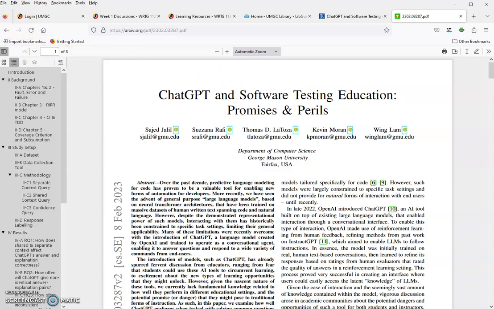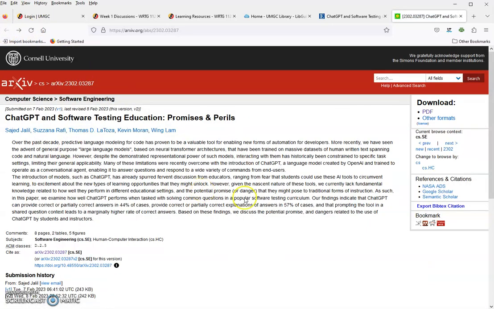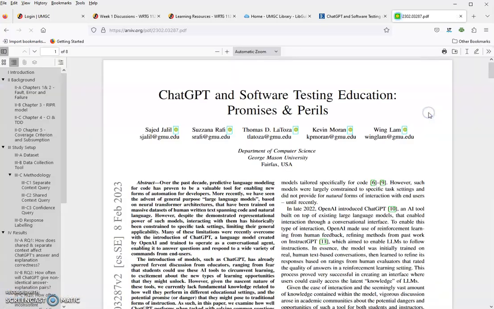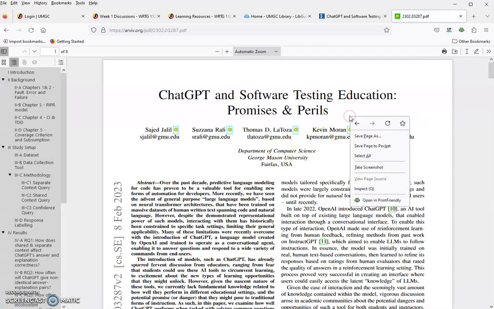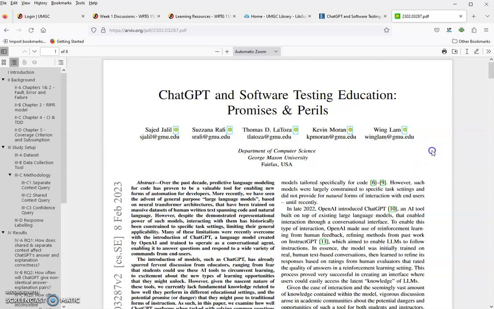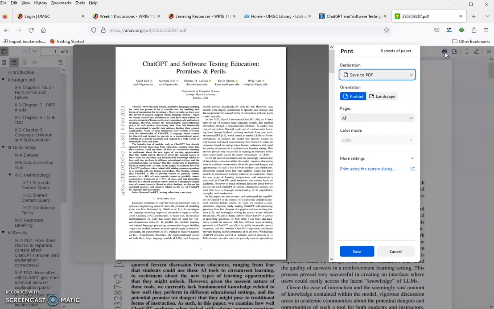And this is a saved page, as up here it looks like, so I can save to a PDF. Save it in a particular folder on your computer, your laptop, however you want to save it.